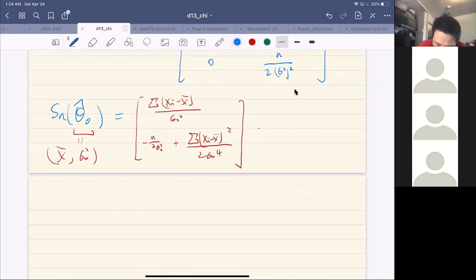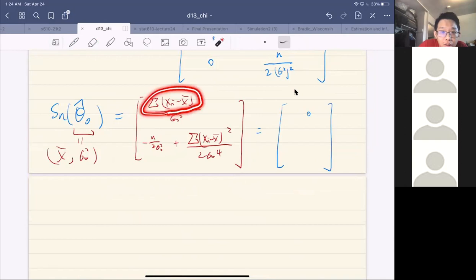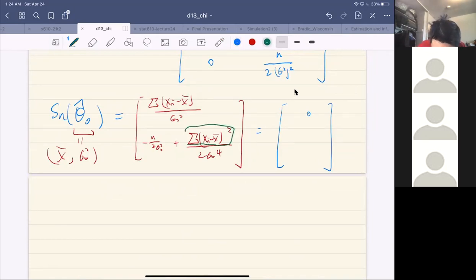You can see that the first term is zero because this term is zero. And the next term is equal to, yeah, this. Let's simplify this. Let's say this term is equal to n times s squared.